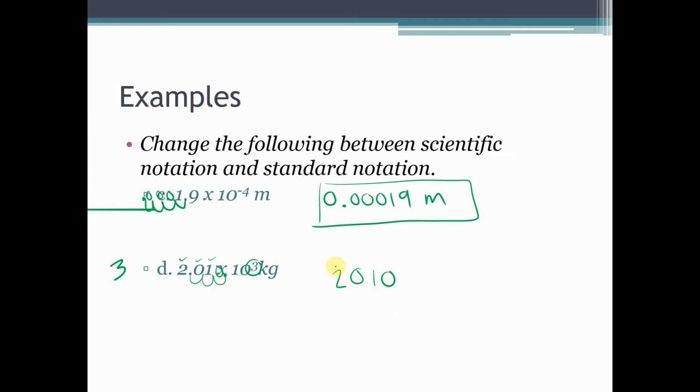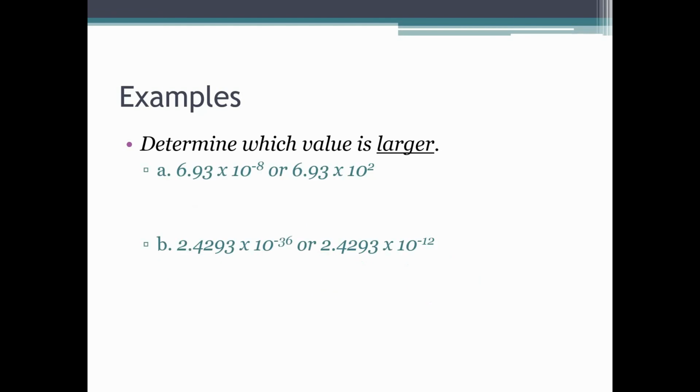Counting up our sig figs one more time: non-zero, sandwich 0, non-zero, trailing 0, but the decimal point is gone, so we are all good. 2010 kilograms.